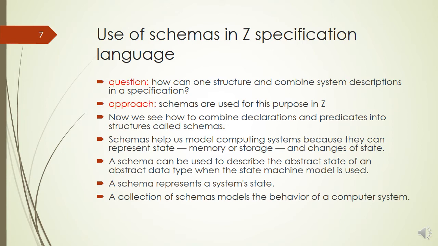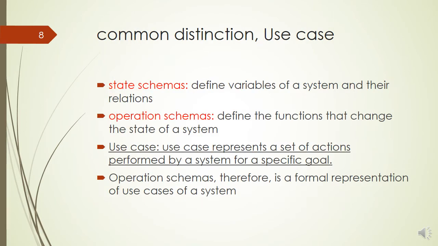When the state machine model is used, and we have discussed that Z specification language uses a state machine model, we can represent the state of a system and operations of a system to be modeled through schemas. A collection of schemas models the behavior of our computing system. There are two kinds of schemas, which include state schemas and operation schemas.